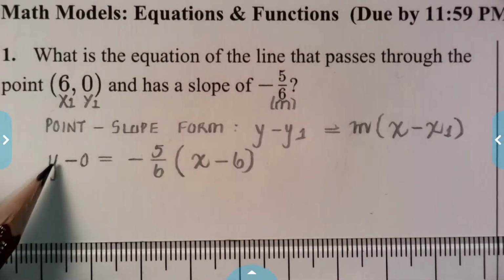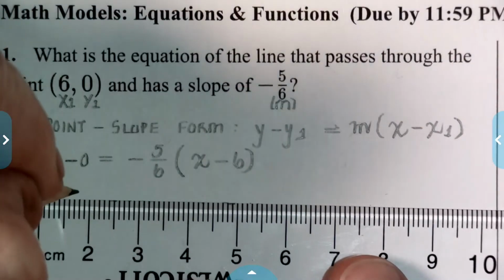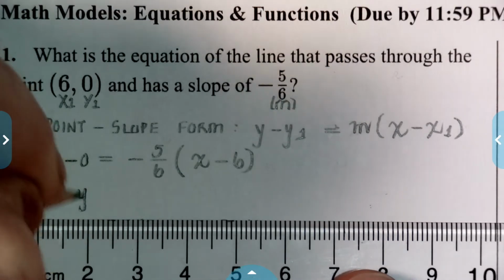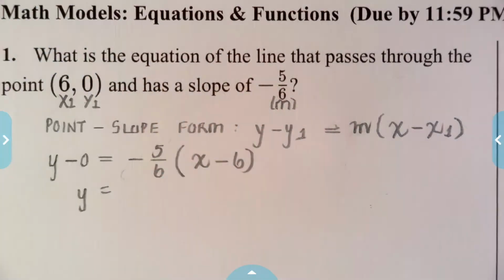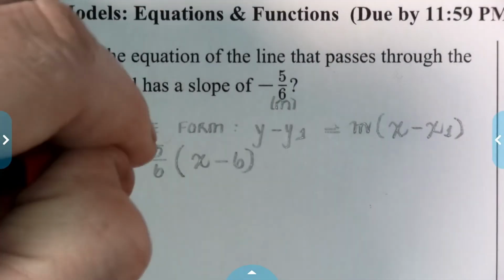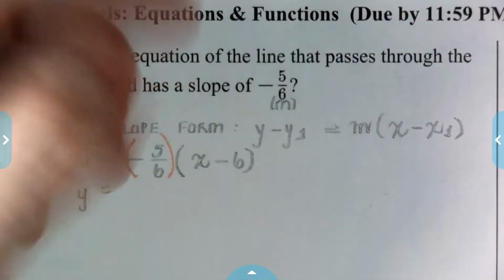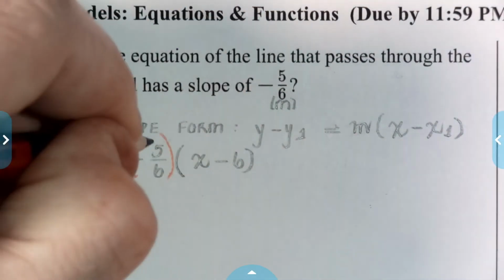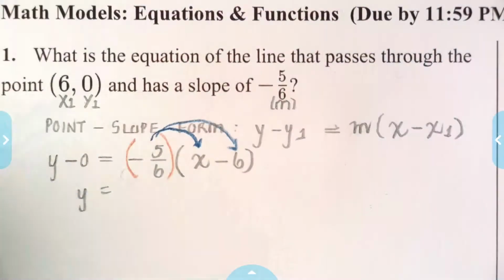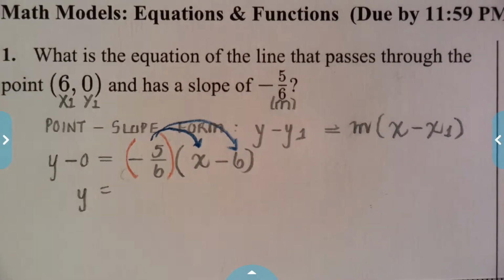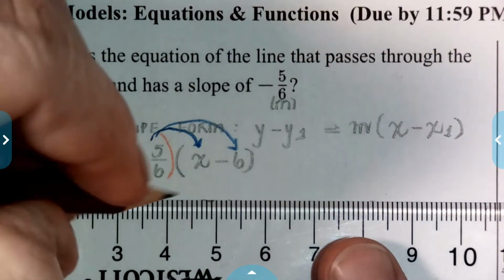Because this is minus 0, we can just drop it and just put y equals. And now we have to distribute the -5/6. That has to be distributed to both the terms in this parenthetical binomial here.